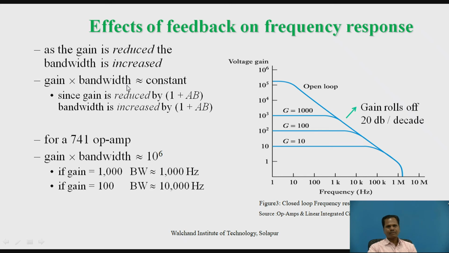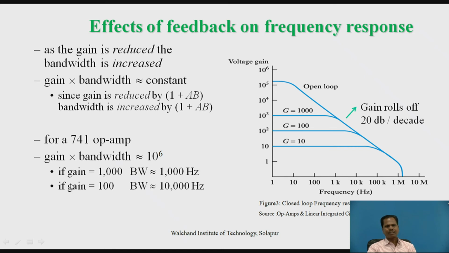Since the voltage gain is reduced by the factor 1 plus AB, where A stands for open loop gain and B stands for feedback factor, by the same factor the bandwidth is increased. The factor by which gain is reduced, by the same factor, the bandwidth is increased. So for op-amp 741, the gain bandwidth product is equal to the UGB value, that is 1 megahertz.